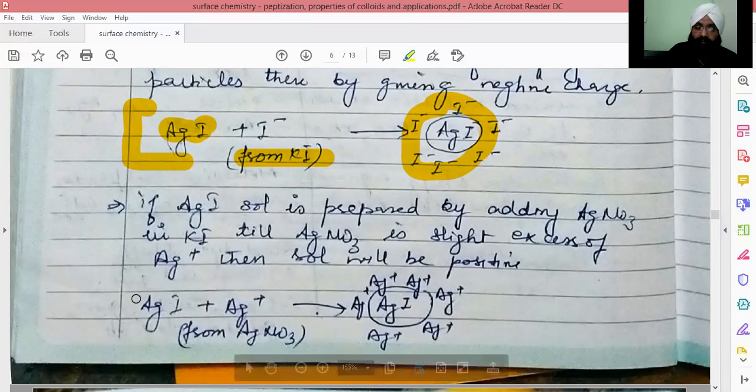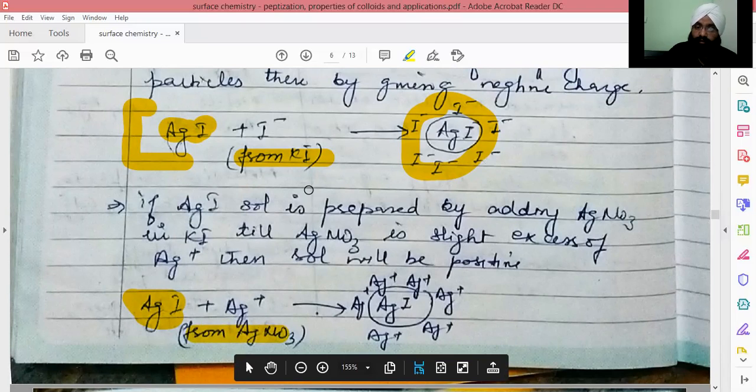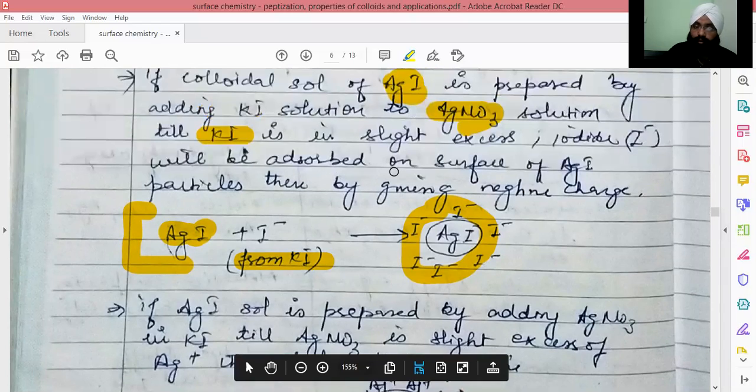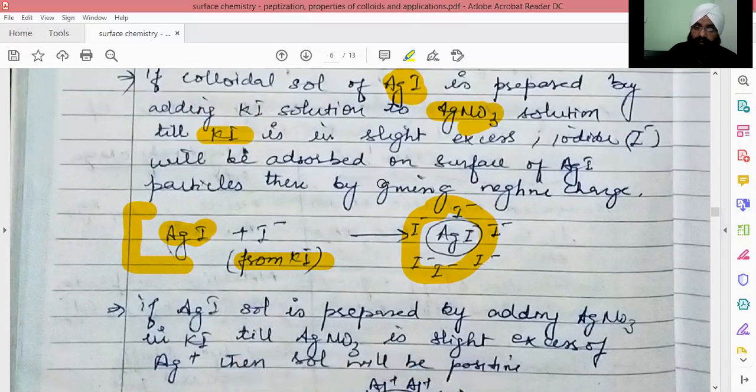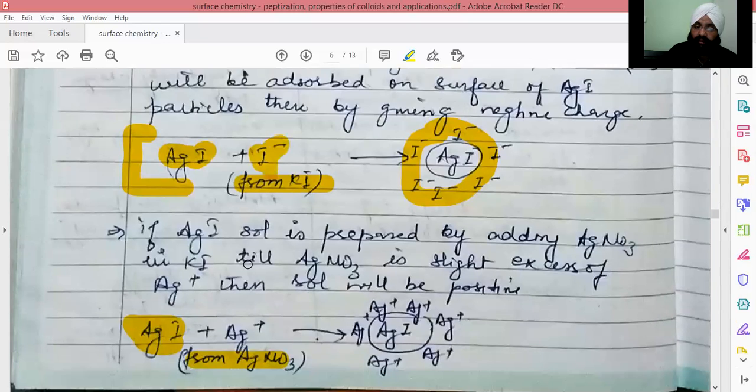Potassium iodide is going to be slightly in excess as compared to the silver nitrate. So the excess is iodide ions, which are common to the silver iodide.